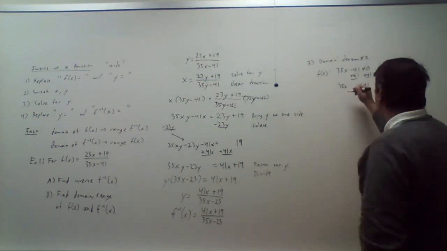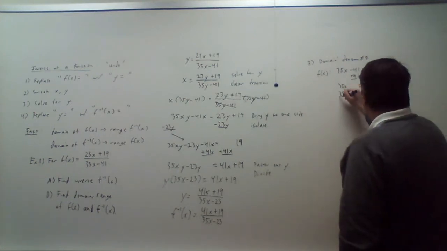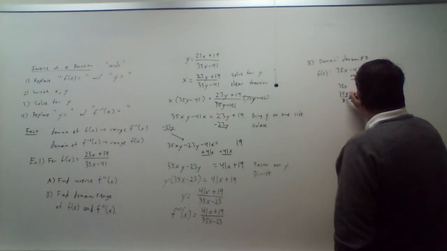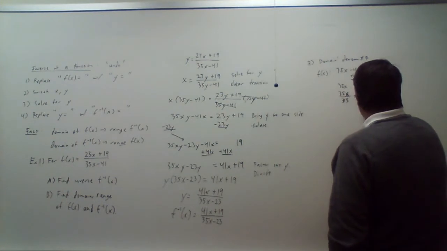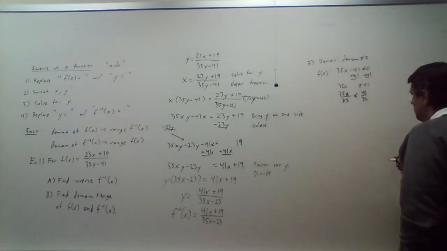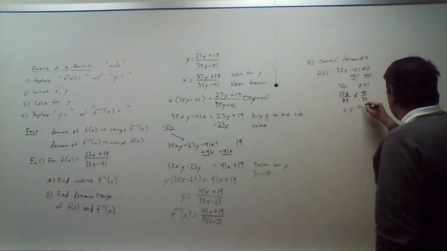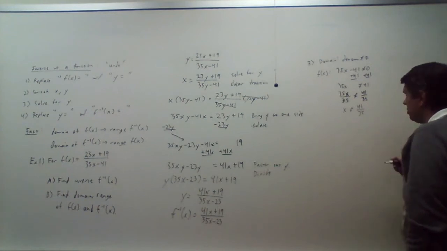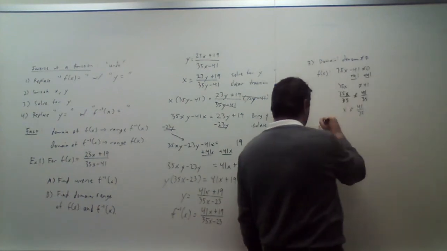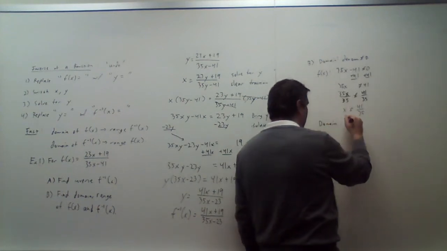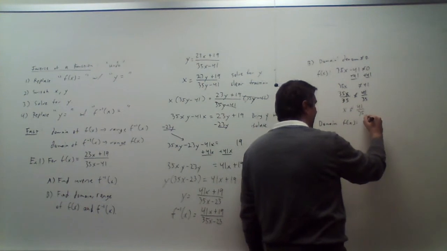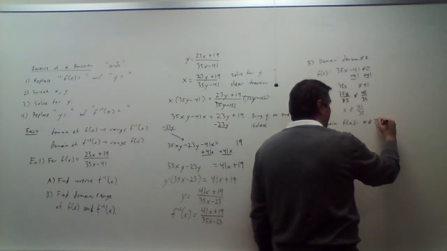Divide off the 35, and x cannot equal 41 35ths. So the domain of f of x: x cannot equal 41 35ths.